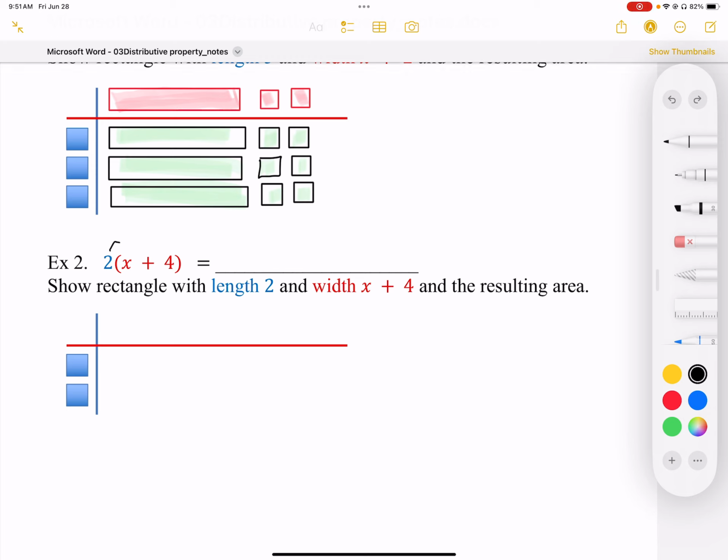So we can see this one here. We can distribute 2 times x is going to give us 2 x's plus, so we're going to count that separately. 2 groups of 4 is going to give us 8. To show this, we're going to have a length of 2, so I've shown the 2 there, a width of x plus 4, so I'm going to draw in my x, and 4 ones.